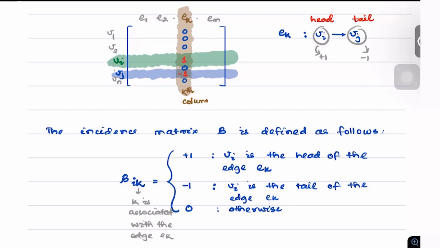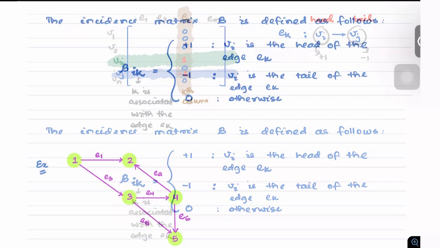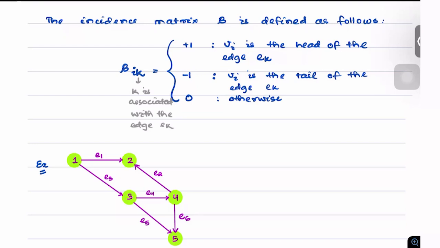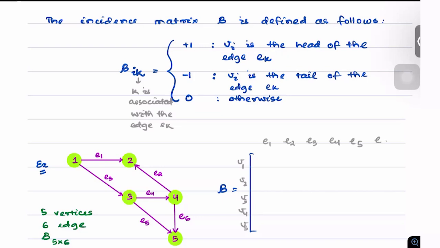So now, let us try to write up the entries of the incidence matrix for the example that we saw before. In this network, we see that there are 5 vertices and 6 edges, meaning the incidence matrix has a dimension of 5 cross 6. So the rows are associated with the vertices and the columns are associated with the edges.